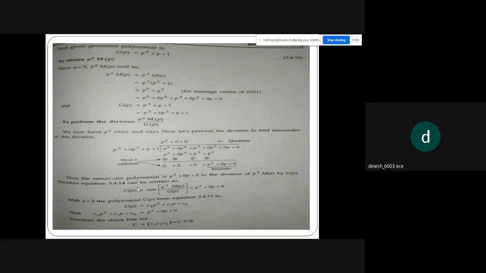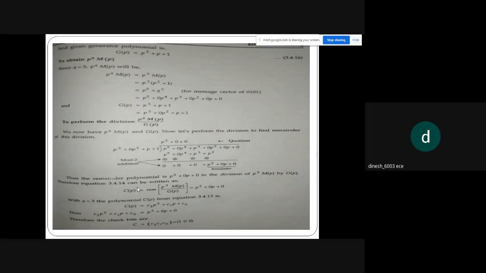For that, the check bits polynomial will be p square plus 0p plus 0. So when we interpret this in the form of bits, we can write c of p is equal to c2 p square plus c1 p plus c naught, as in equation 3.4.13.